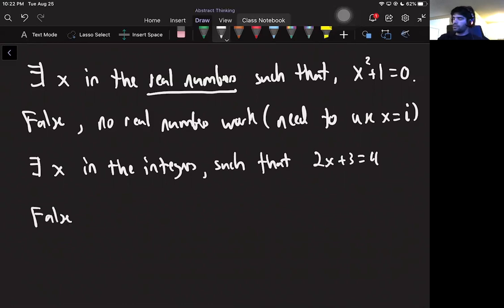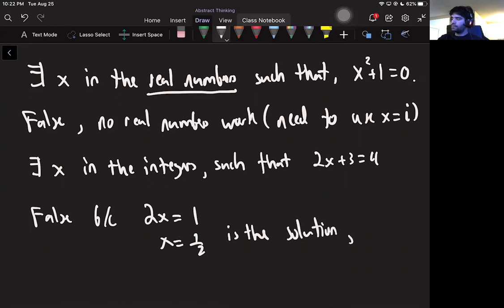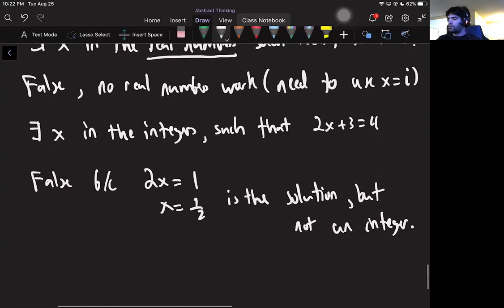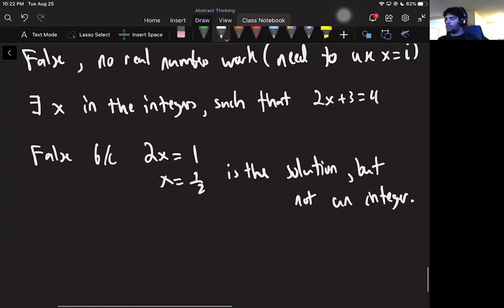Yes, 2x plus 3 does have a solution when you set it equal to 4, but it's not an integer, because if you try to solve it, I get a half as the solution, but it's not an integer. So the statement is false because you're claiming that there exists something in the integers that makes the equation hold.